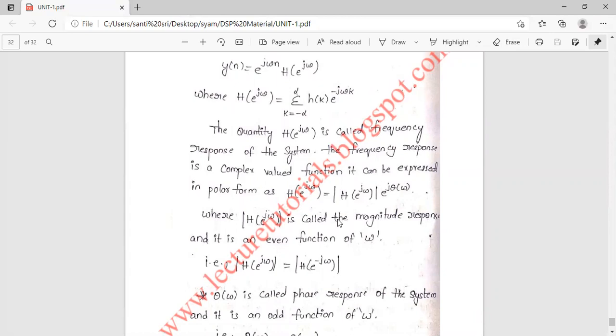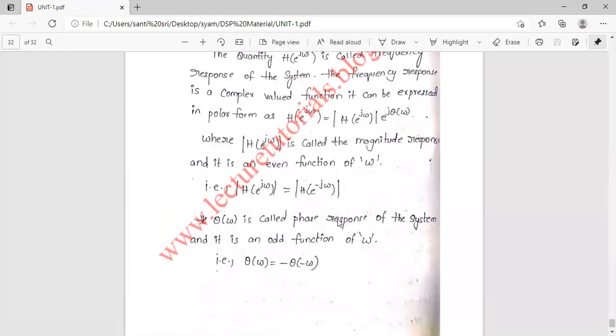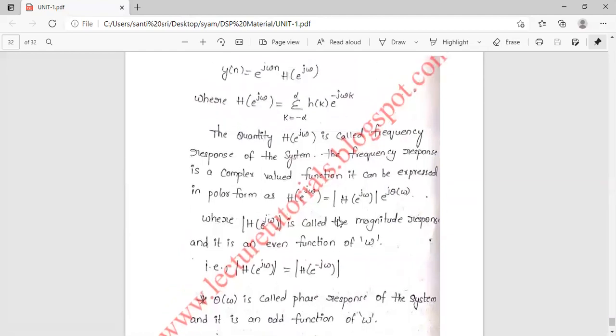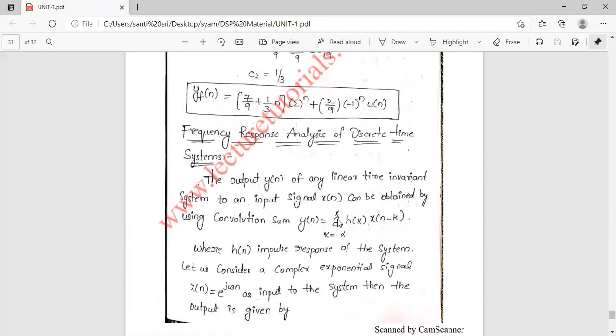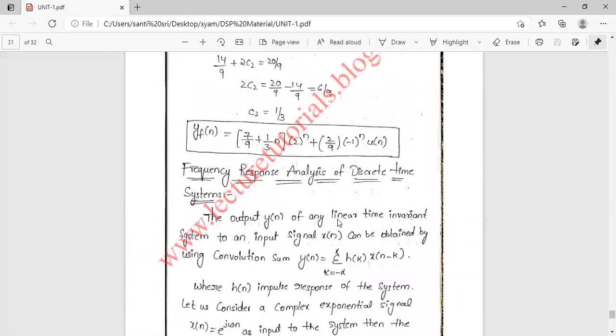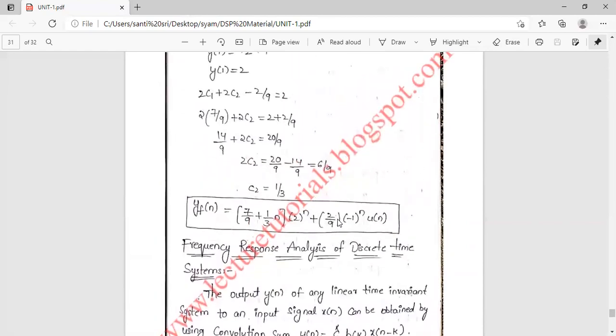This magnitude response is an even function, so mod H of e power j omega is equal to mod H of e power minus j omega, whereas the phase angle is an odd function, that is theta of omega is equal to minus theta of minus omega. Okay, this is about the frequency response analysis of discrete time systems.